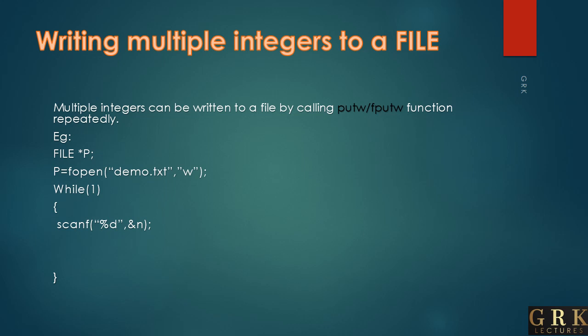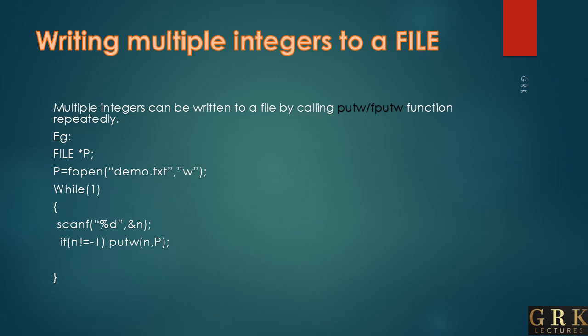In order to write the integer to the file, we use the putw function. So I'm using putw, and the first parameter is n, the value we are writing to demo.txt, which is pointed to by the pointer p. That's why as the second parameter I am using p. So the n value will be written to p.